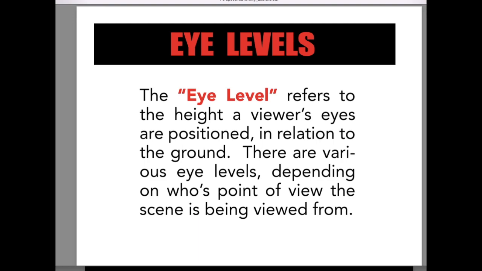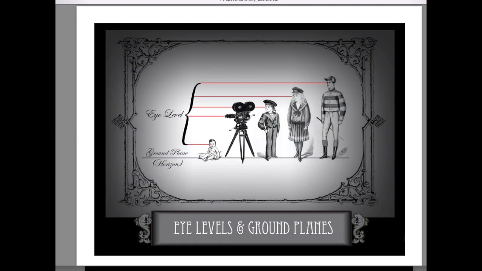Eye level refers to the height at which the viewer's eyes are positioned in relation to the ground. There are various eye levels depending on whose point of view the scene is being viewed from. Okay, so here's an example of various eye levels, right?